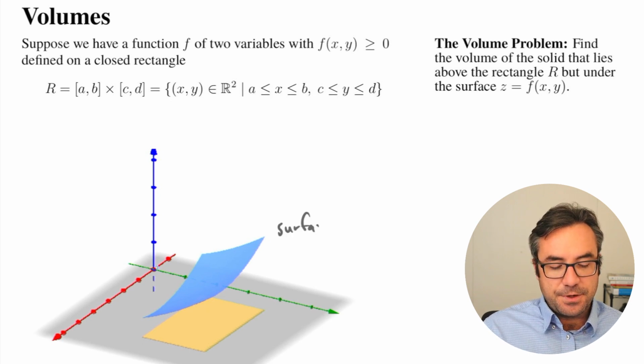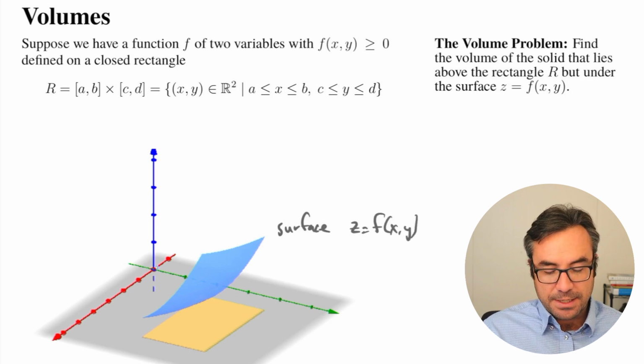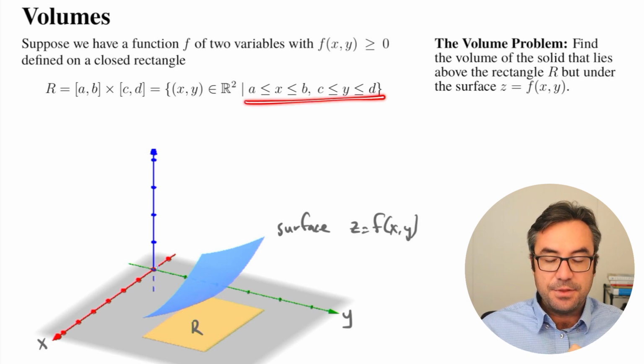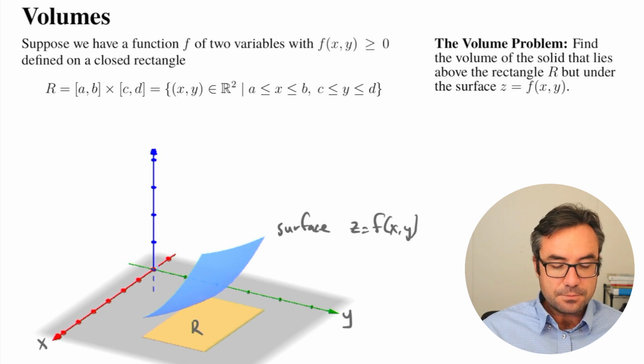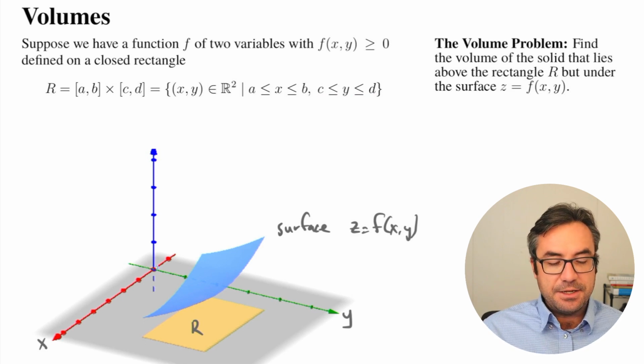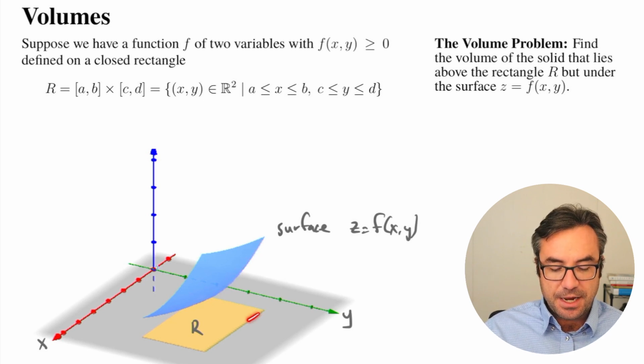So we have our surface, z equal to f of xy, and we have our rectangle R, where we have our x-axis and the y-axis. So our rectangle R is just sitting on the xy plane, and it's given by these two inequalities. And what we want to do is we want to find the volume that sits in between the surface and this rectangle.